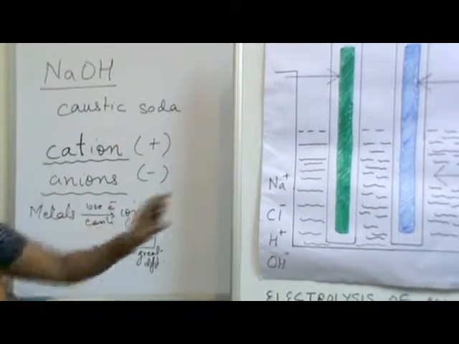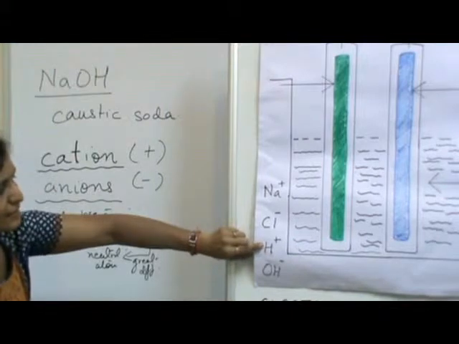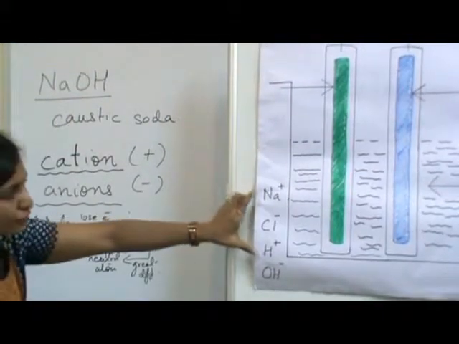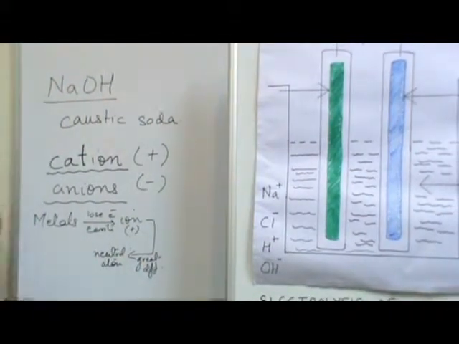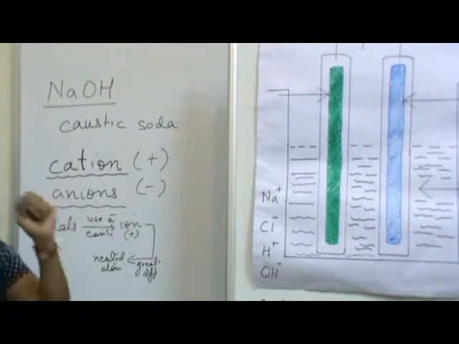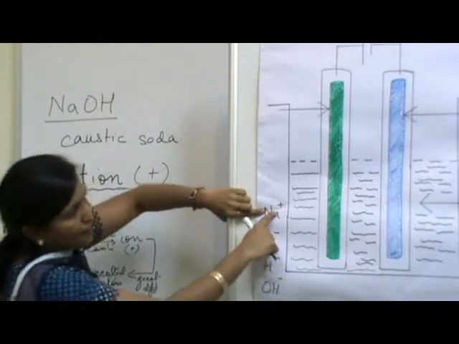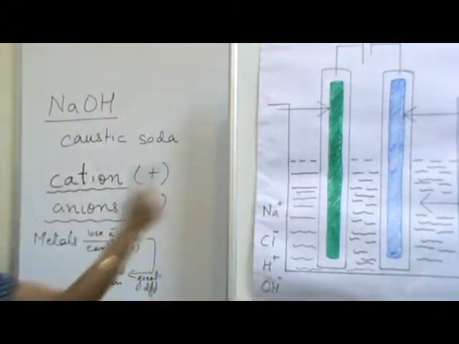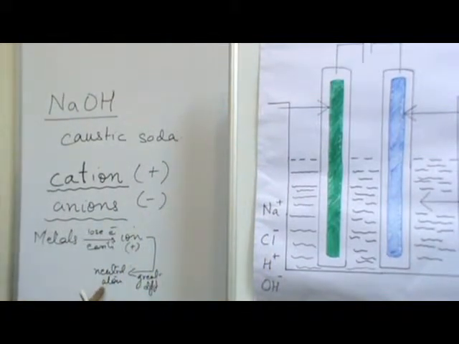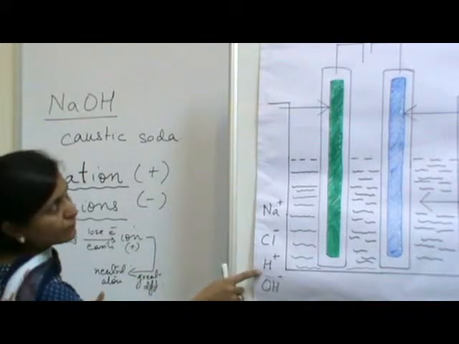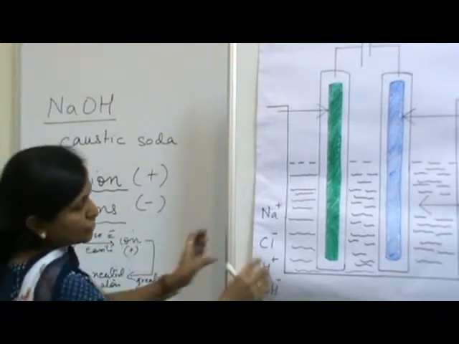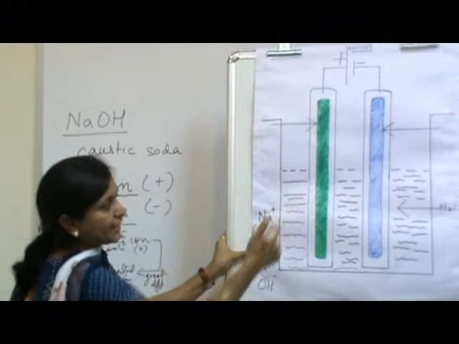Now what are the two positive ions here? Na plus and H plus. Out of the two positive ions, it is Na which is more reactive as per the reactivity series. So Na will take electron with great difficulty to become neutral atom. So which ion will go to the negative electrode? So it is hydrogen which goes to the negative electrode.